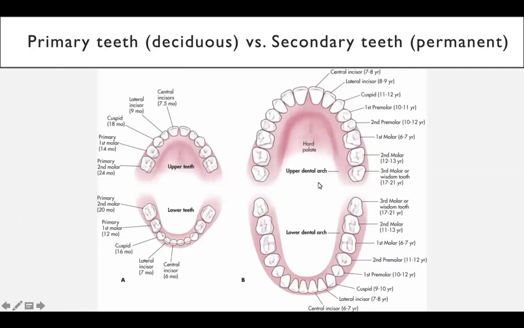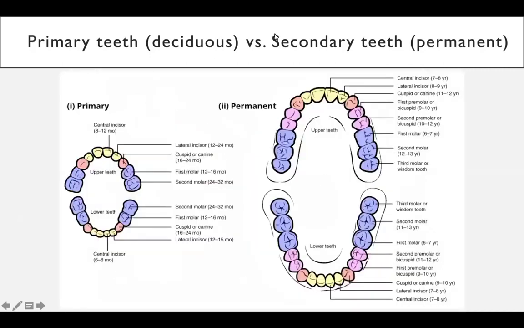Then we saw it another way and compared primary and secondary. And here we started knowing the types of teeth with color coding so that we can remember. One important thing here is that central incisors and first molars come together, because we not only cut or tear the food, we also need to grind it.